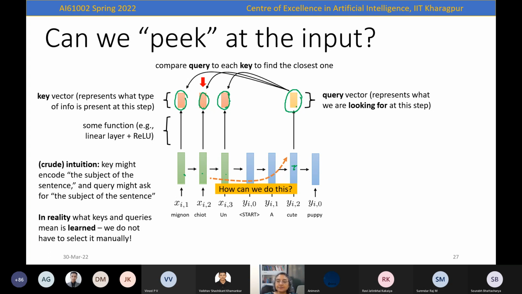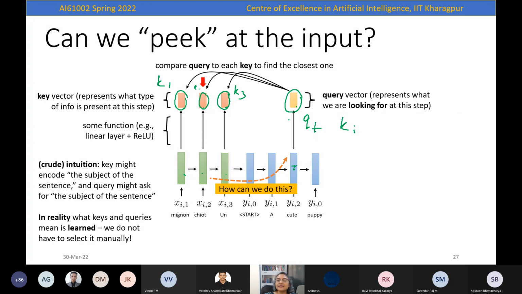That is obtained by looking at the similarity between the query vector and the corresponding key vector at each of the steps. So we have the query vector at time t of the decoder, and we have the key vector of time 1, time 2, time 3. So in general, for the ith encoder state, we have ki.